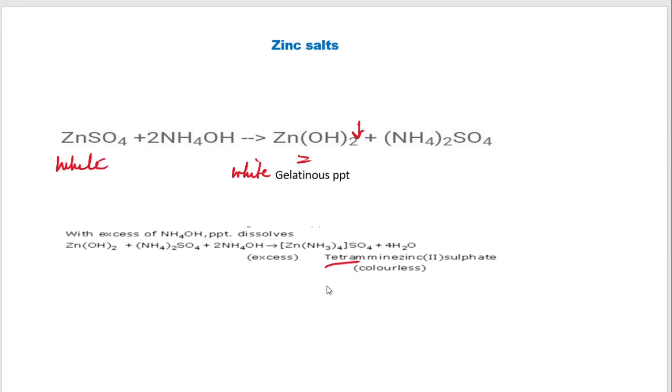In case of copper, it was tetraamine copper sulfate, but in case of zinc, it is tetraamine zinc sulfate, and the color of the solution becomes colorless. So the PPT of copper and zinc is soluble in excess of ammonium hydroxide, which was not the case with sodium hydroxide. Using copper solution also you can distinguish ammonium hydroxide and sodium hydroxide.